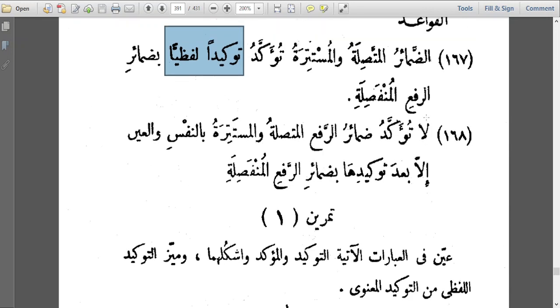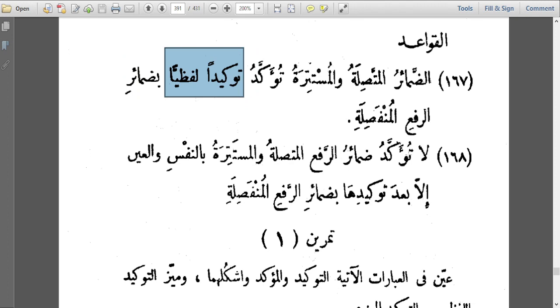Then he says لا تؤكد ضمائر الرفع المتصلة والمستترة بالنفس والعين إلا بعد توكيدها بضمائر الرفع المنفصلة. You can't emphasize the ضمائر الرفع المتصلة or المستترة, whether it is attached, you can see the pronoun, or it is hidden, with nafs or ain, except after emphasizing it with the ضمائر الرفع المنفصلة, except after bringing the ضمير to emphasize it. Then you can say nafs, add the nafs or ainuhu.